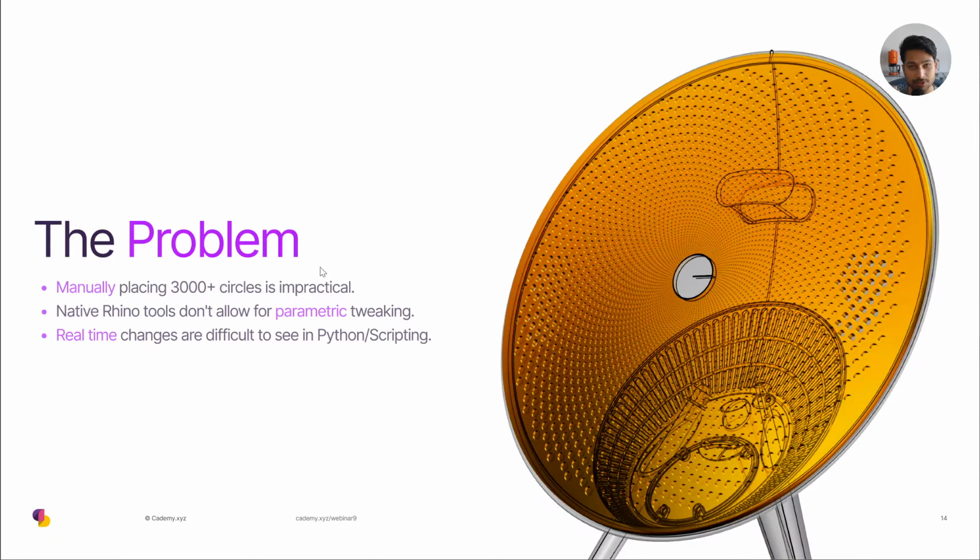In this case, the circle size goes from small to large as you go outside in the radius, so that is something we cannot do easily in Rhino. Apart from that, you might want to use some AI tool to write code for a Python script. While you can get this kind of parametric effect, like a fading effect of the radius size, it's very difficult to tweak these values and see the effect in real time.